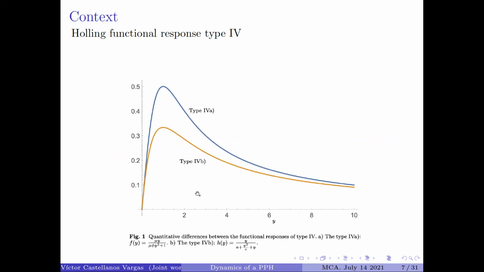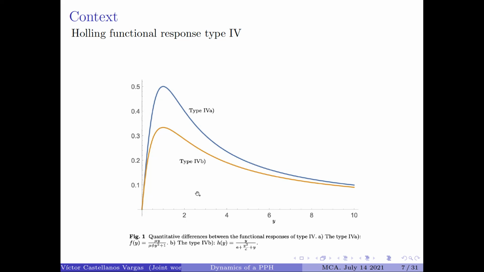The concept of functional and numerical responses was originally introduced by the American ecologist Holling in the context of predator-prey interaction. In his original paper, Holling introduced the so-called functional responses of type 1, 2, and 3.